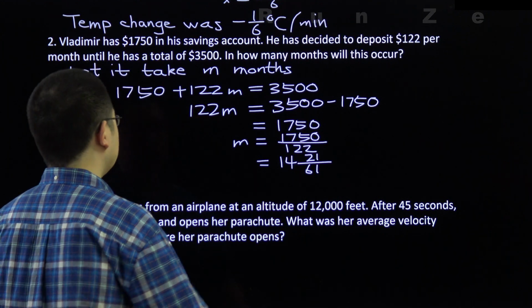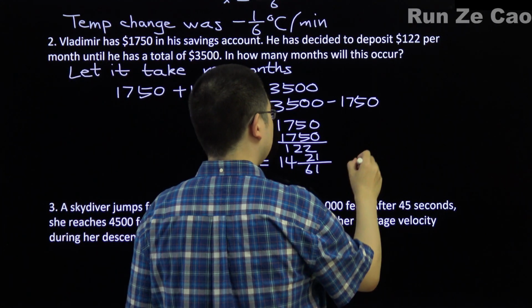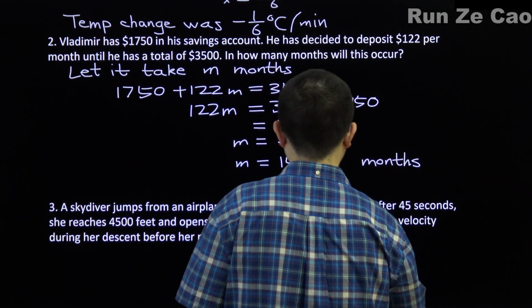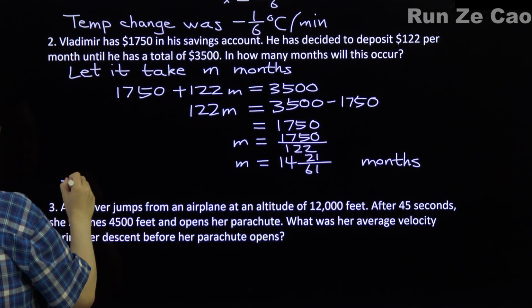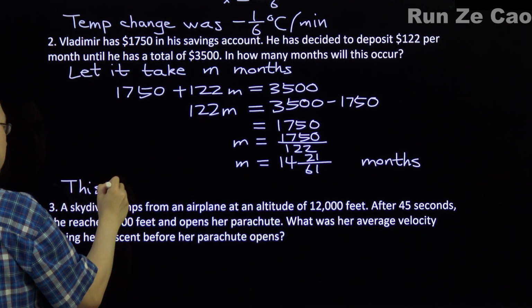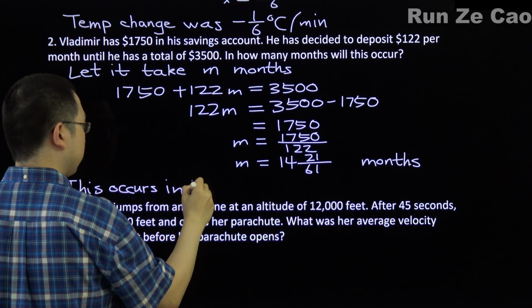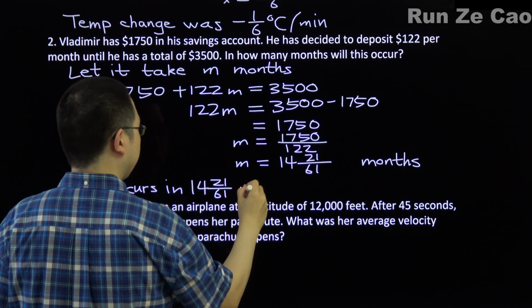So it should take him this many months. This occurs in 14 and 21 over 61 months.